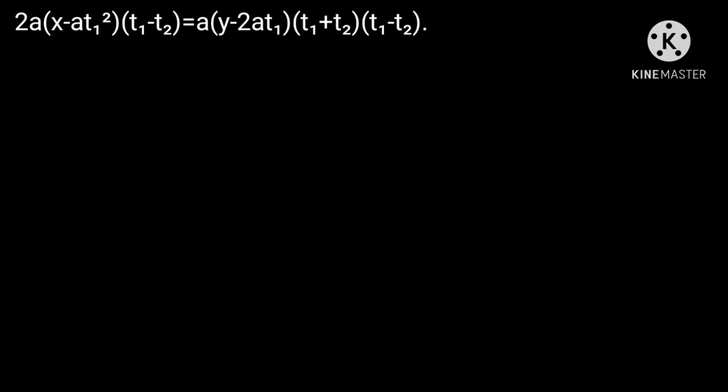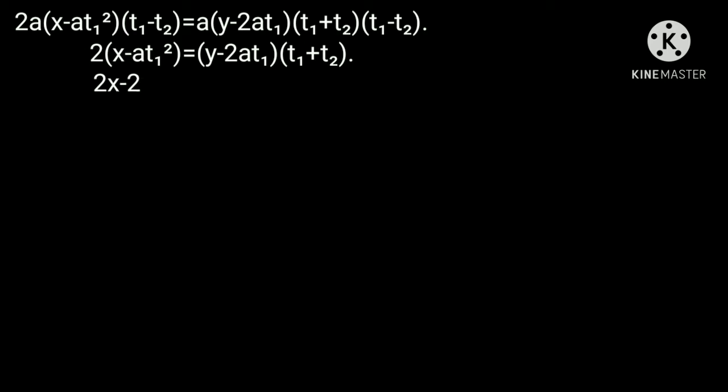Then the above equation becomes 2 into (x minus a t1 square) equal to (y minus 2a t1) into (t1 plus t2). After multiplication, we have 2x minus 2a t1 square equal to y t1 plus y t2 minus 2a t1 square minus 2a t1 t2.